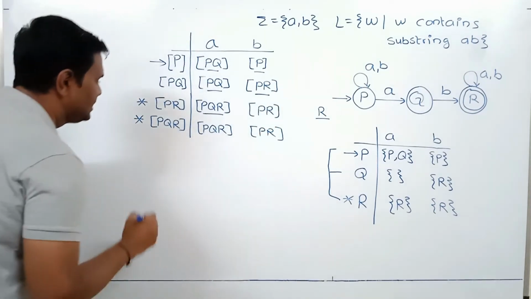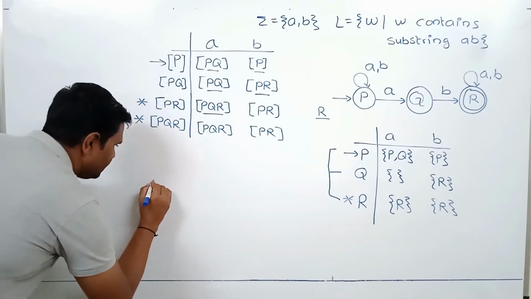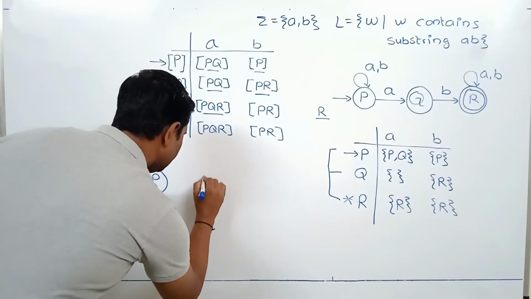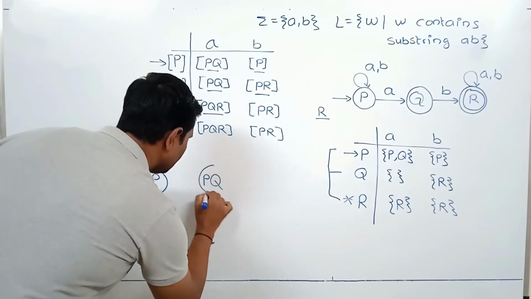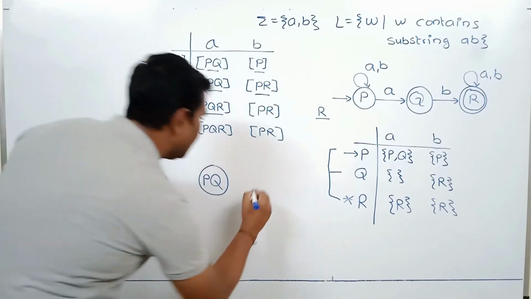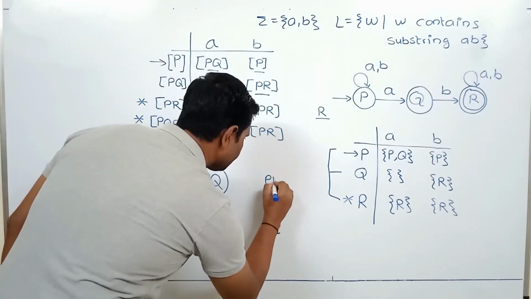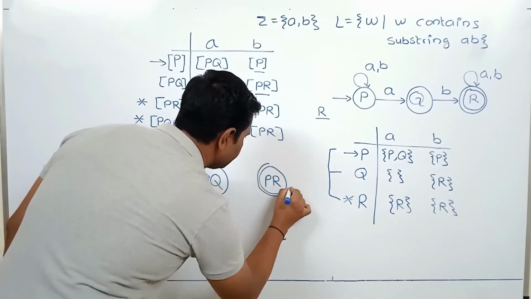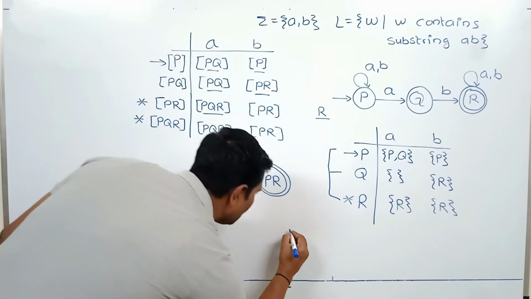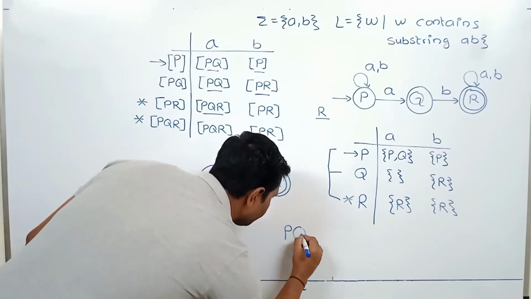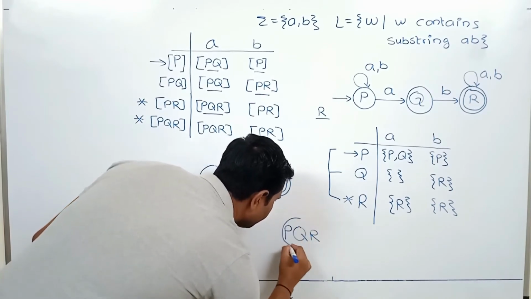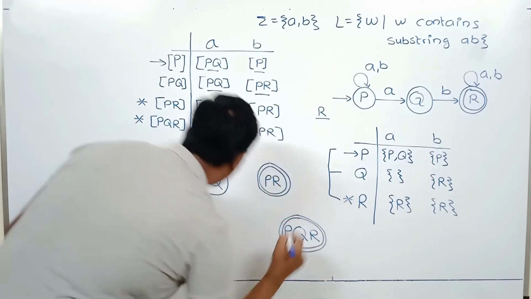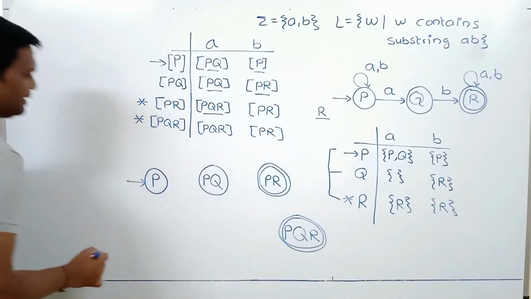Now we will draw the transition diagram. So we have to take state P, then PQ, then PR, PR is a final state, and then state PQR. P is the initial state.